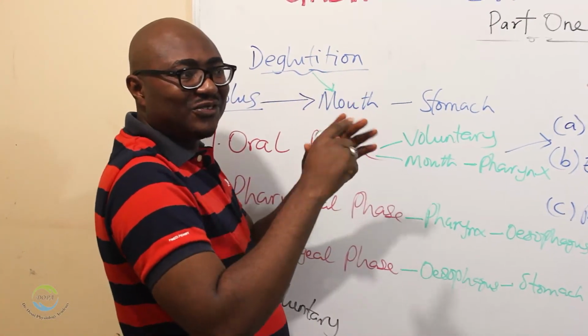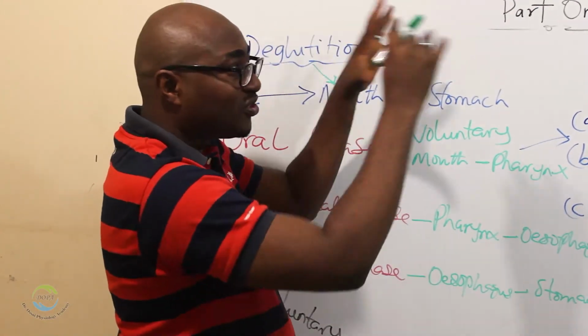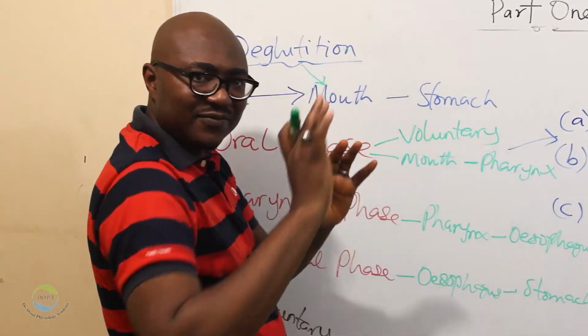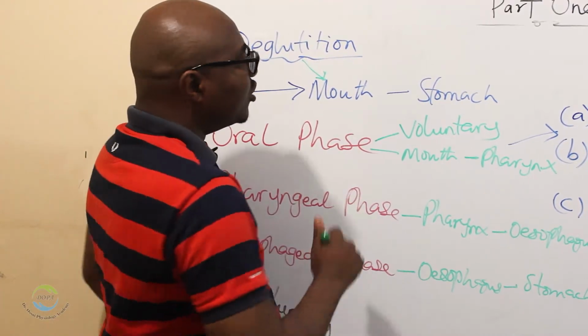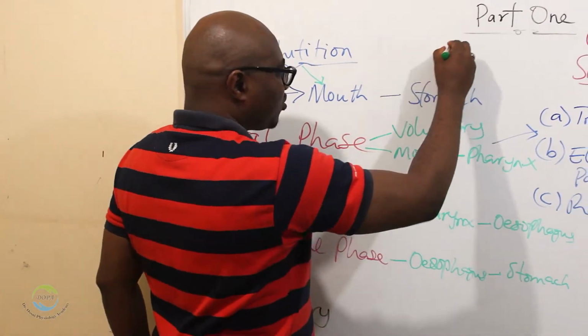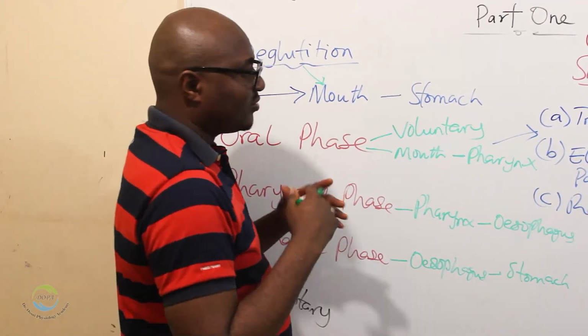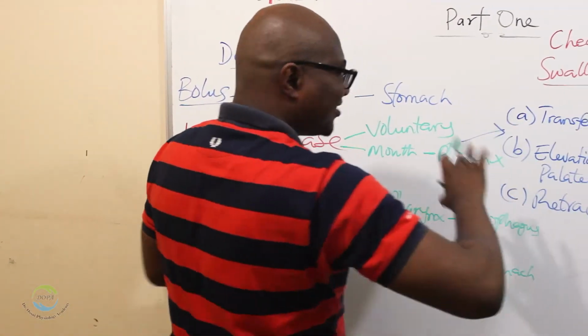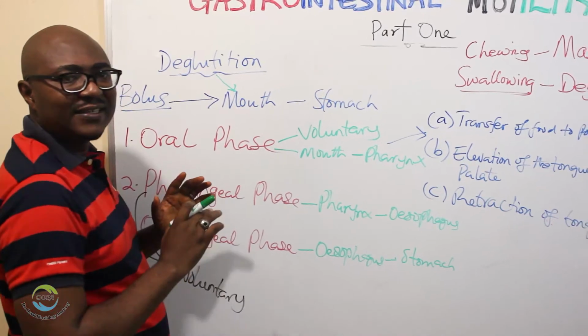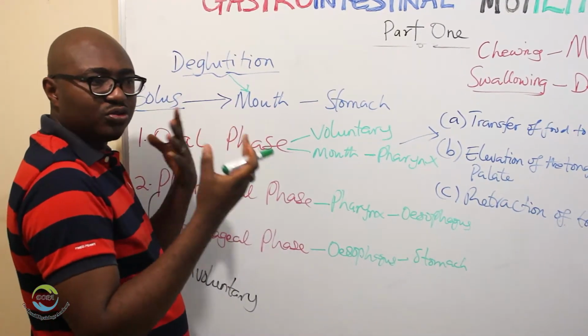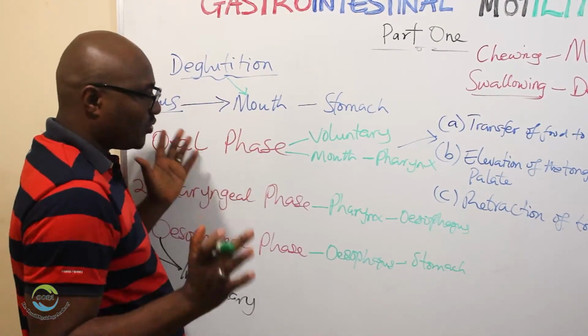It's involuntary. Anything that is not in the cerebral cortex is involuntary. If it's in the cerebral cortex, then it's a conscious effort. So this part is controlled by the cerebral cortex. You can control all this because the tongue, which is the main effector of this oral phase, is skeletal muscle. You can move your tongue as you like.